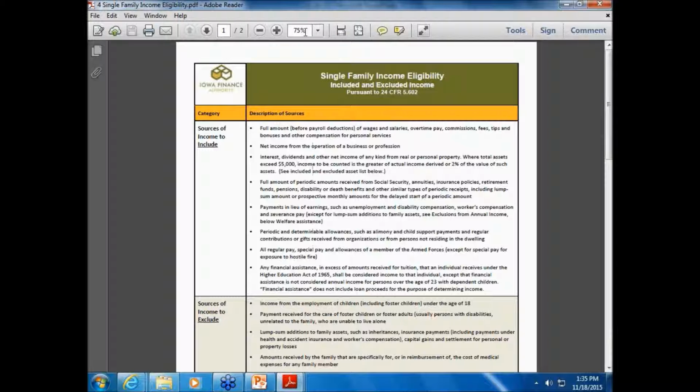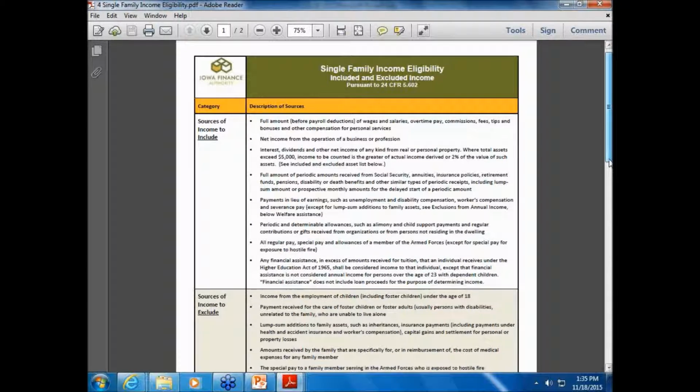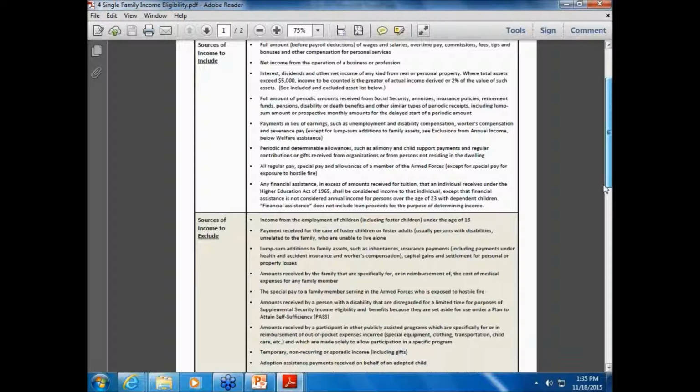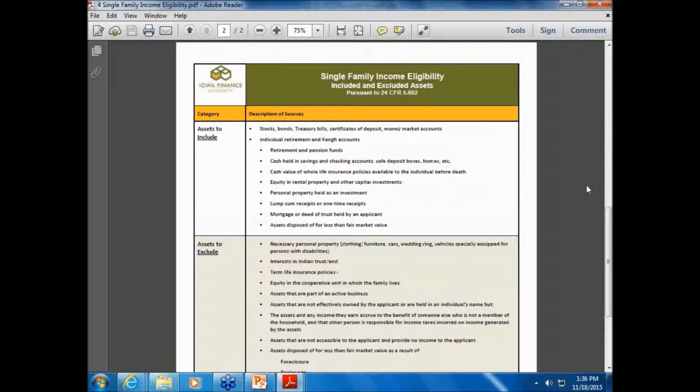So you'll go through, and it's pretty obvious on a number of things, like wages and salaries, overtime pay, net income from the operation of a business. But the third bullet point here on this handout talks about interest and dividends and other net income of any kind from real property or personal property where total assets exceed $5,000, with income to be counted as the greater of the actual income or 2% of the value.